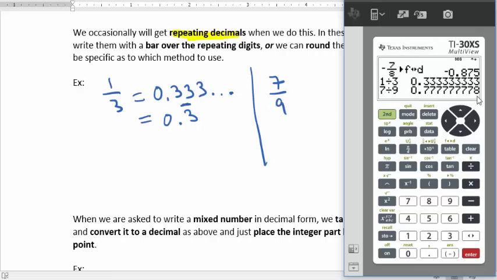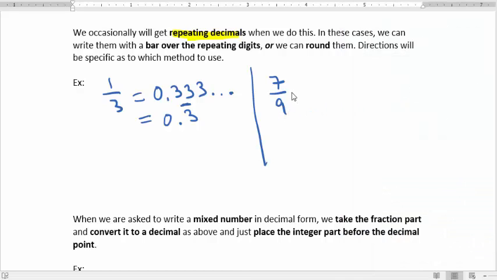That 8 is nothing more than a 7 that got rounded up, because this can only fit in a certain number of decimal places in the calculator screen, but that is really not an 8 there. It's really a 7 that got rounded up. So 7/9 is actually 0.777, and then the ellipses, or 0.7 with the bar. Okay, you can write it either way.